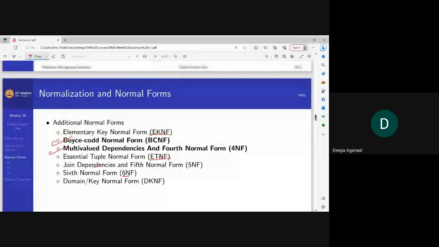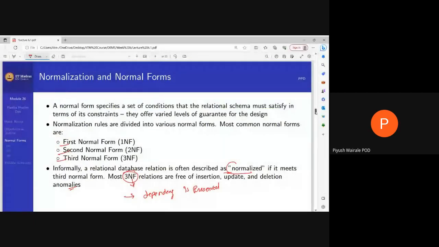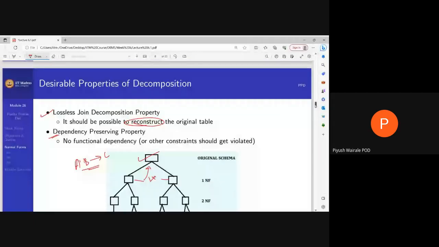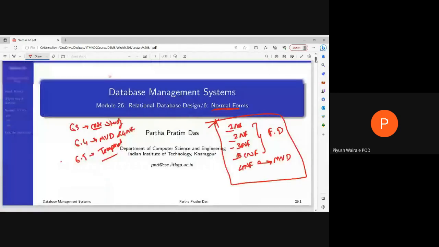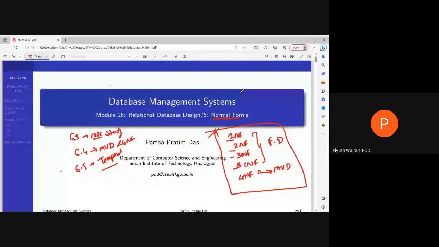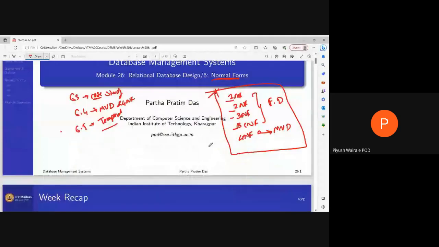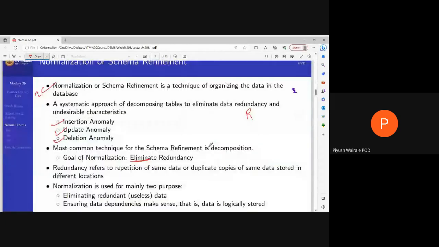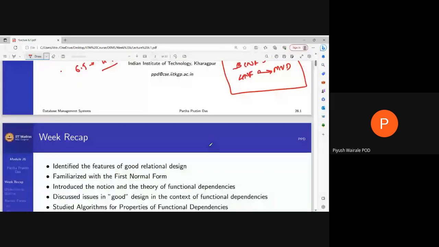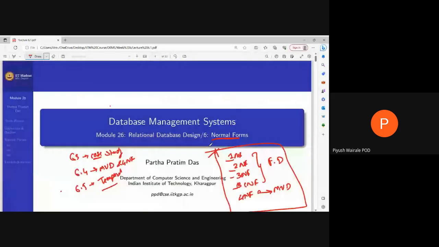You were on the first slide only. Okay, I didn't notice that. Okay. So after that, this one was also not audible, right?